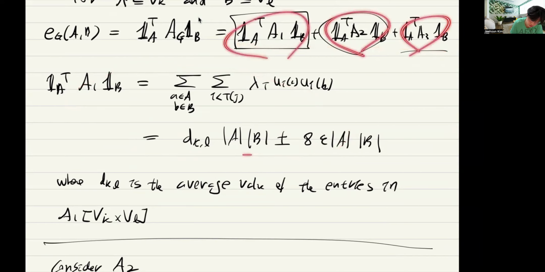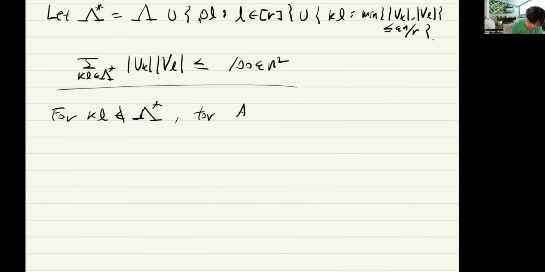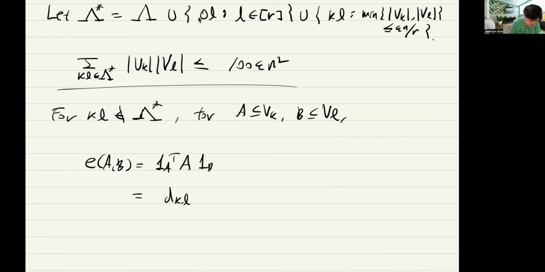Then this is small, and this is at most this. So we conclude that for any A in VK and B in VL with these, the number of edges between A and B is the same as the characteristic vector of A transpose times A times the characteristic vector of B, which is d_KL times |A||B| plus or minus like 100 times epsilon times |VK| times |VL|.